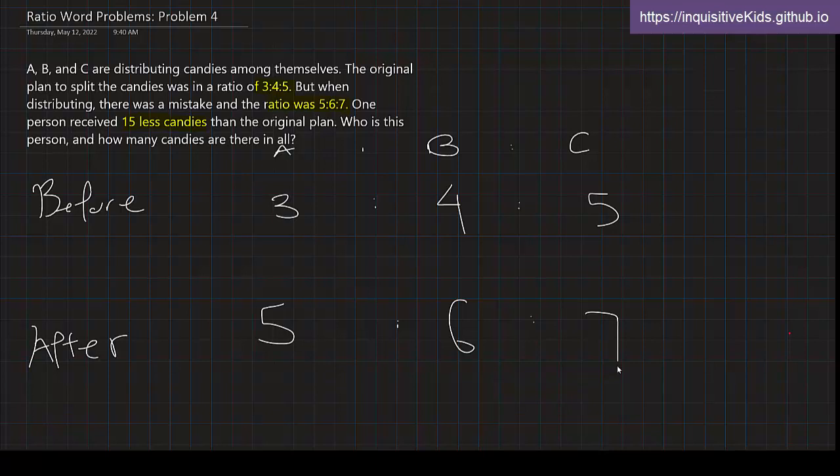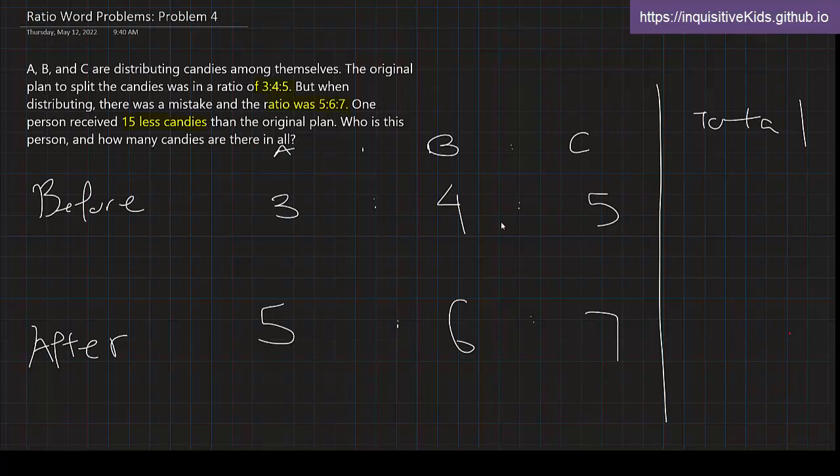So the person that didn't have any change is unchanged, but that can't be our unchanging value because we don't know who that person is yet. But what we do know is the total amount of candies. I'm going to add another column here, a total, and it will always stay the same.